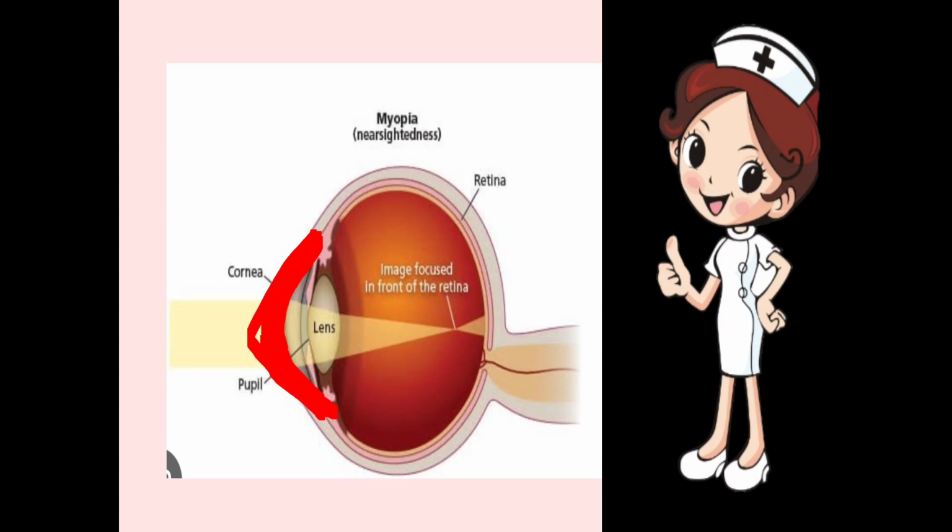Sometimes the curvature of the lens increases or changes, due to which the image cannot be formed on the retina. So these two are the reasons for curvature myopia: the curved nature of the cornea as well as that of the lens.